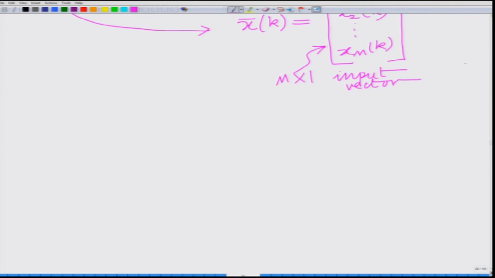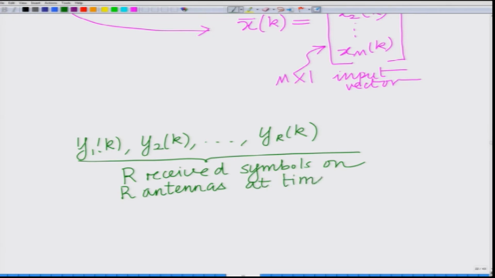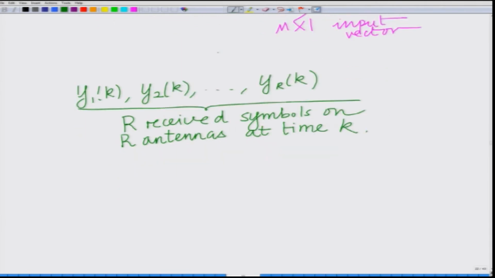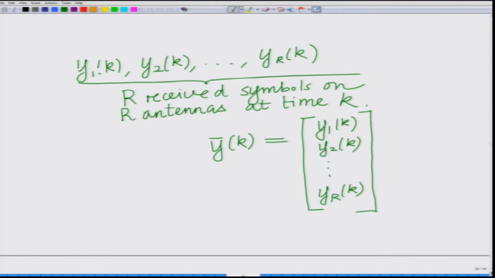Now, since we have multiple receive antennas, we will have multiple received symbols. Okay. So, what we have are y1k, y2k, yrk, these are r receive symbols on r antennas at time k, and the received vector y bar k equals y1k, y2k, yrk.